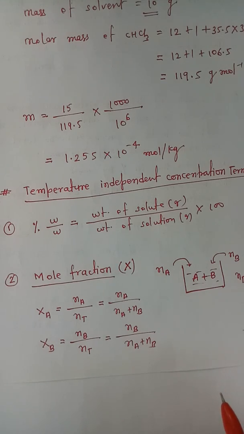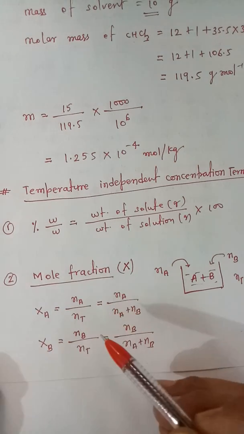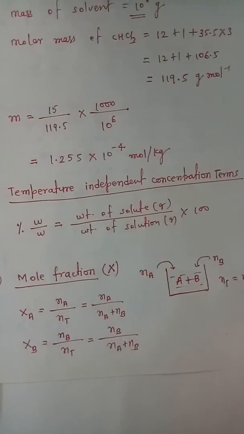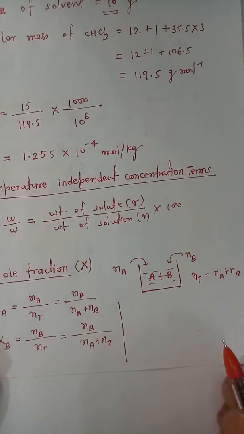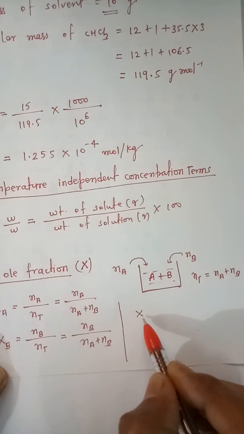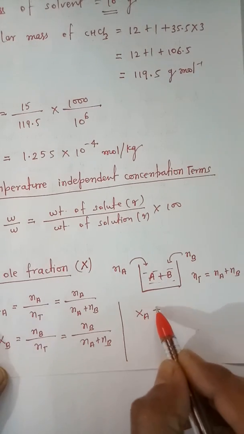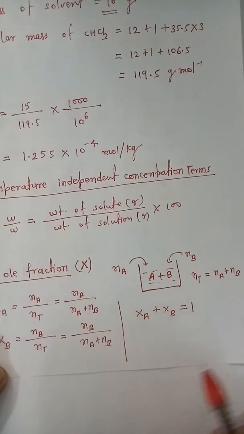For individual component, this is the mole fraction we have, and the sum of the mole fractions of all the components present in the solution, that is Xa plus Xb, equals 1.